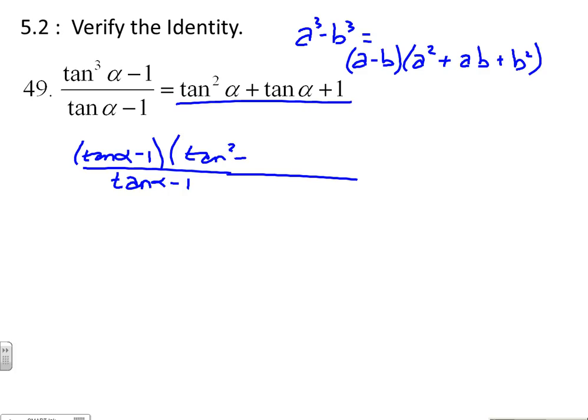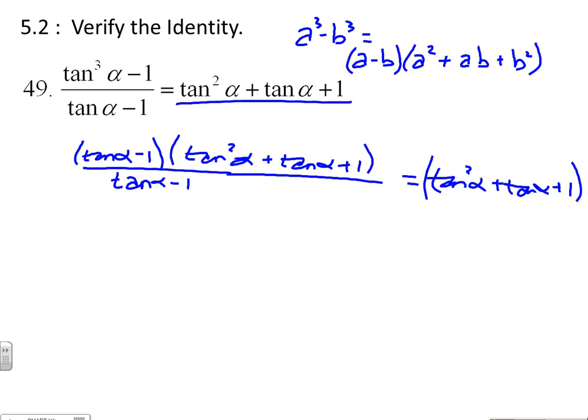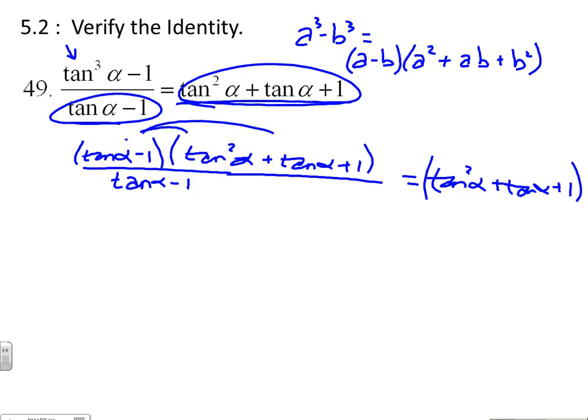Tangent squared fish plus tangent fish plus 1 is what I want to have left. Now that might be a little bit mysterious to you, but what I was doing right there was just kind of reasoning, if this is truly an identity, this must cancel from a factor of this, and what must be left is that. So does this superfoil out to be that?